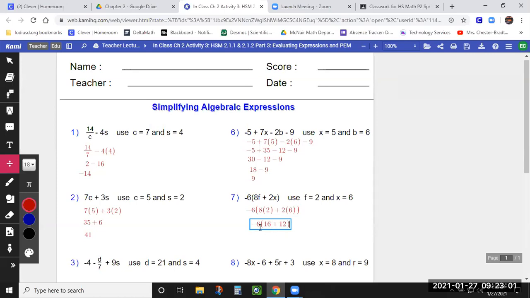So we're ready to do the P of the order of operations, okay? What's it telling us to do with those? How does it want us to group those? By adding them, okay? So the -6 is still here, the parentheses is still here, and we add our parentheses pieces.